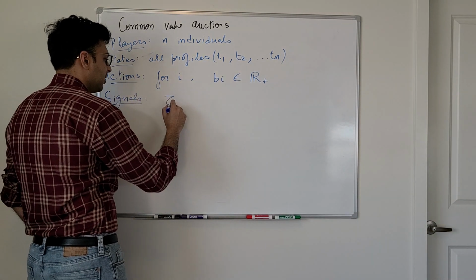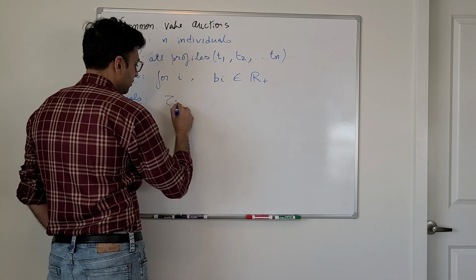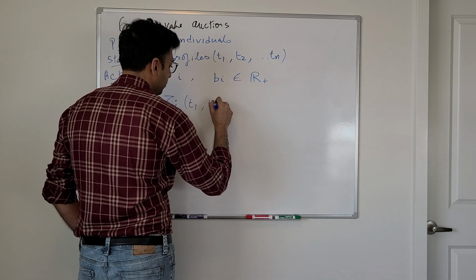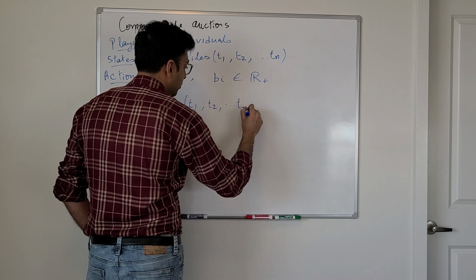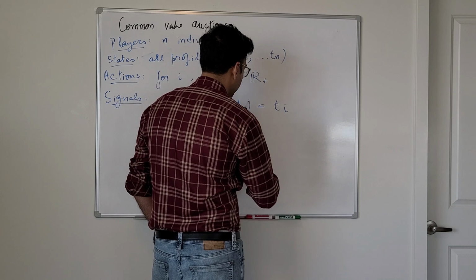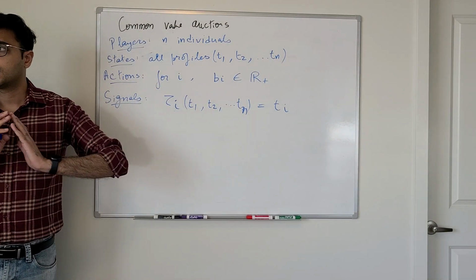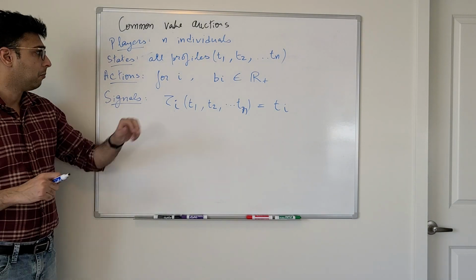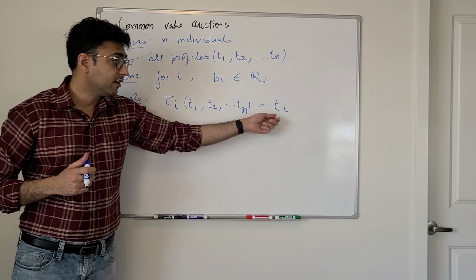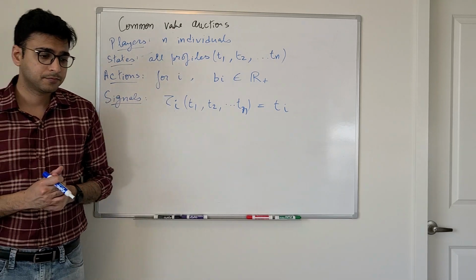The signals will be defined by some signal function tau_i, where tau_i takes the state of the world, which is this profile, and generates simply the signal for player i. So what that means is that for any state of the world, which is this profile, the signal function provides to player i only player i's valuation and not anybody else's.